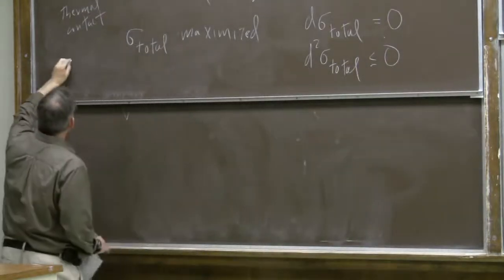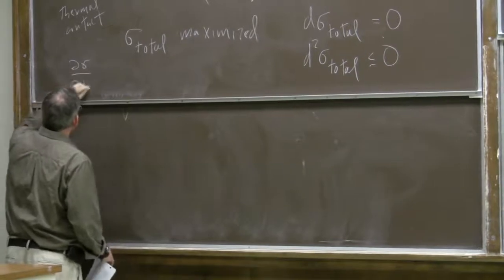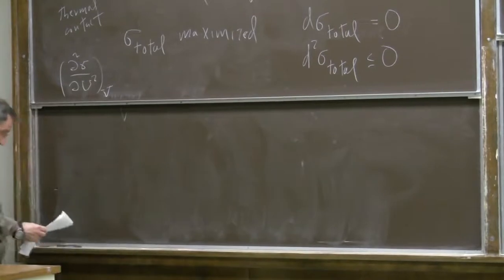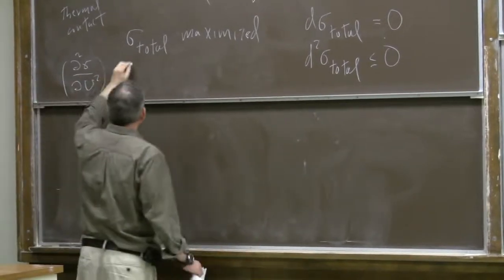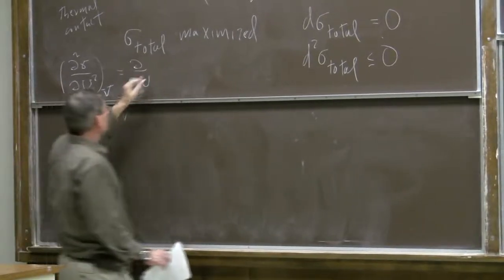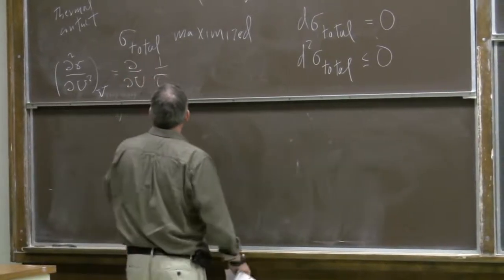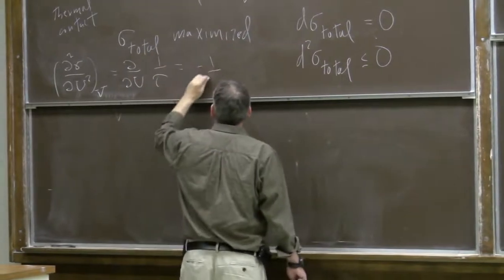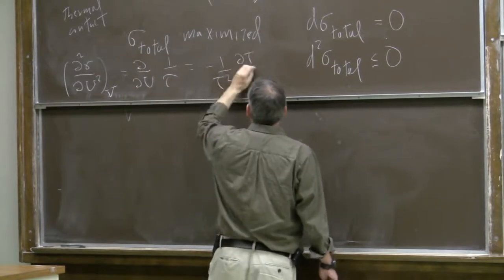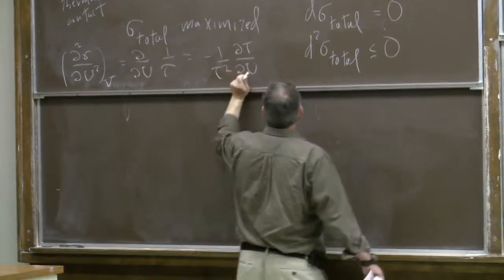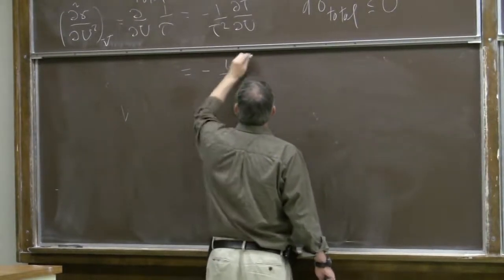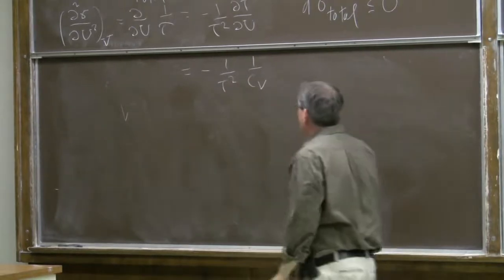So the second derivative of entropy with respect to internal energy with volume fixed, which is the derivative with respect to energy of the derivative of entropy with respect to energy, which is 1 over temperature, which is minus 1 over tau squared times the derivative of temperature with respect to energy, which is minus 1 over tau squared times 1 over heat capacity.